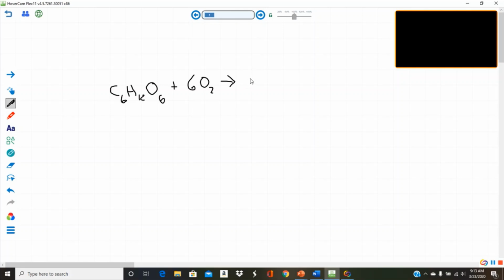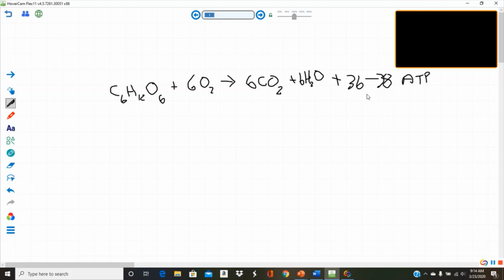So we can see that you will make 6 carbon dioxide, 6 CO2 molecules, 6 water molecules, and somewhere around 36 to 38 ATPs. Okay, 36 to 38 molecules of ATP.